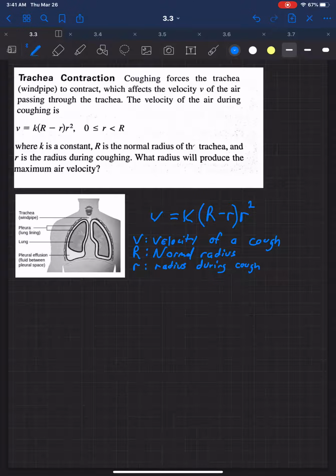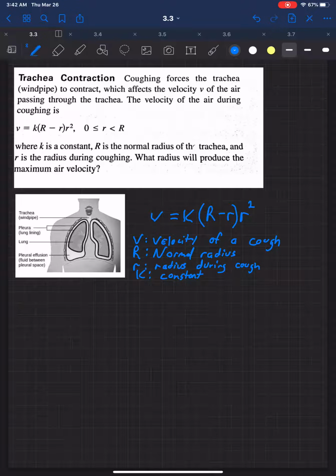And what is this k? Well, this k is some constant. Again, this is not my area of expertise, but I would assume that k is there because everyone has a different size trachea, and k represents, say, your trachea versus mine.